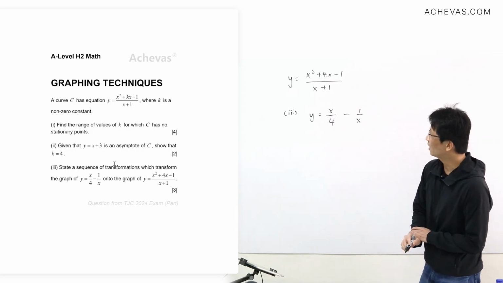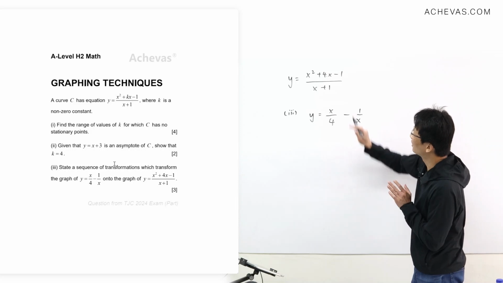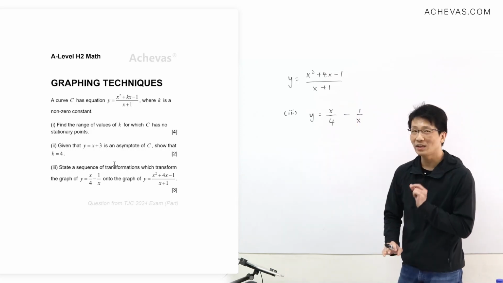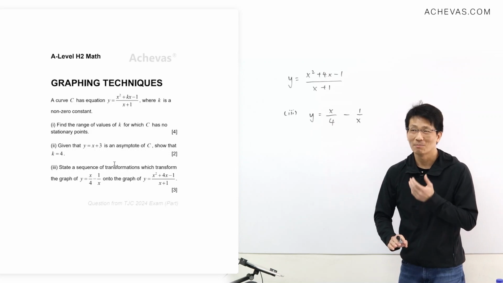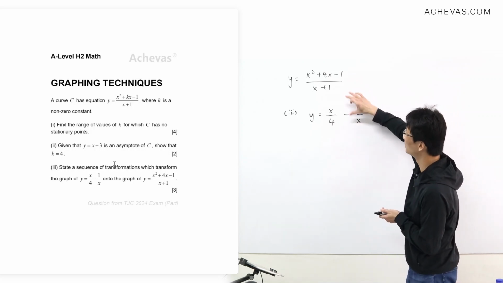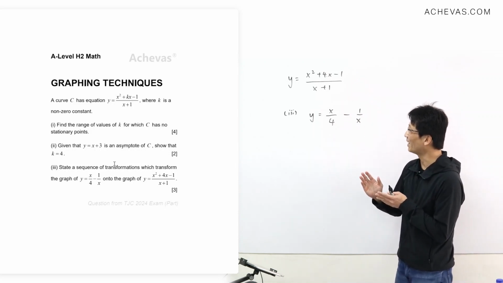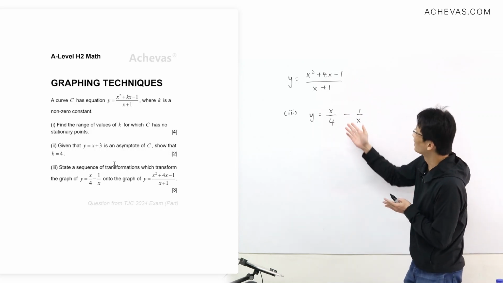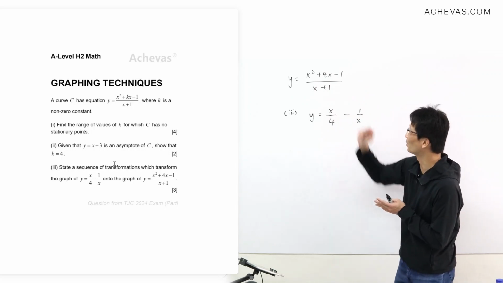I think the first thing I should do is pause a bit and look at this equation first. Do I need to change the form of this curve before I do my transformation? Many times, you probably need to change the form in order to see the similarity between this and this. In this scenario, I think I need to change it because it involves x squared, and no amount of transformation can give me the x squared here.